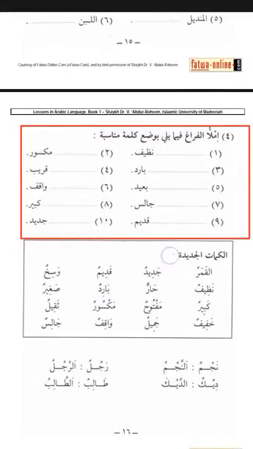We are given the subject to fill with the predicate. But in this one, we are given the predicate, al-khabar, and we are asked to fill in the subject. So dash nadhifun, dash neat. Al-qamisu nadhifun. The shirt is neat. So we can always do that one too.